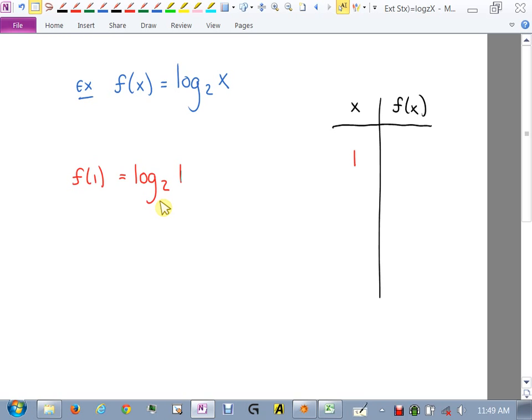Do you agree? 0. 2 to the 0 is 1. Now, I think the answer is 0, but let's just check it with the loop. Is 2 raised to the 0 equal to 1? Yes. 2 to the 0 is 1. So the answer is what? 0.